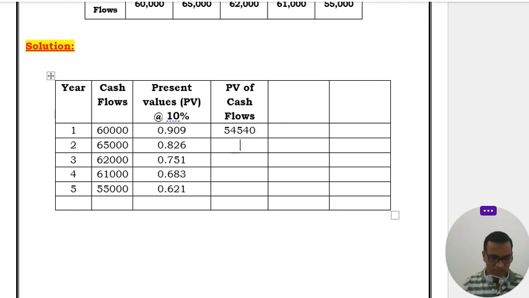Next, 65,000 multiplied with 0.826, that equals 53,690. Second year PV value.